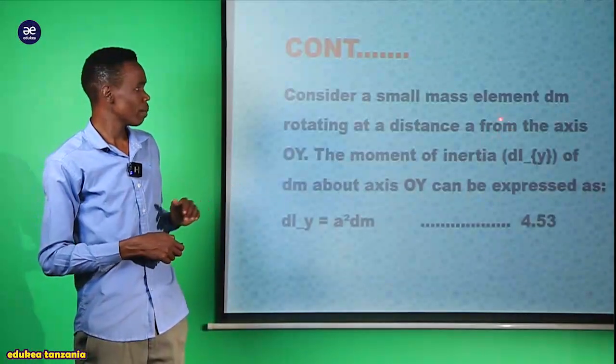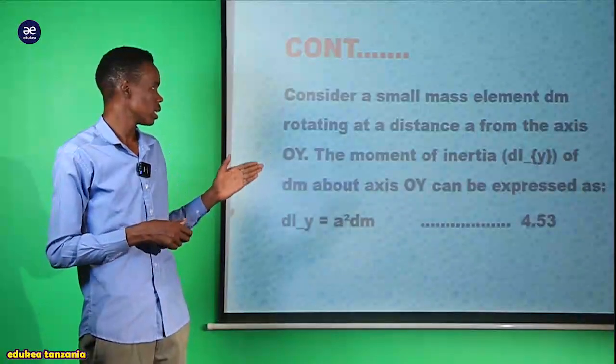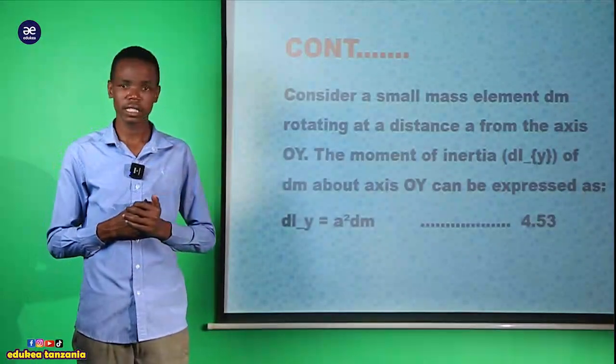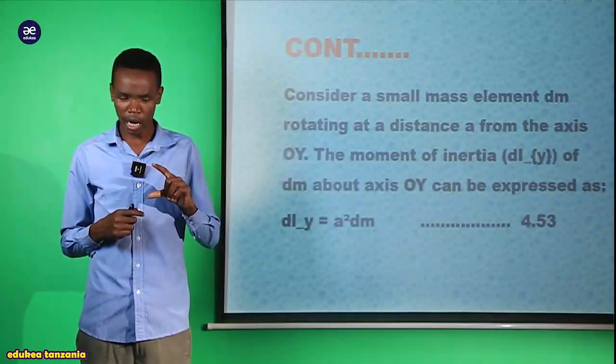So consider a mass M, and a small mass element dm rotating at a distance from the axis OI.